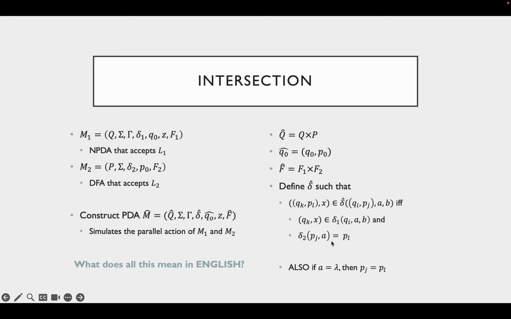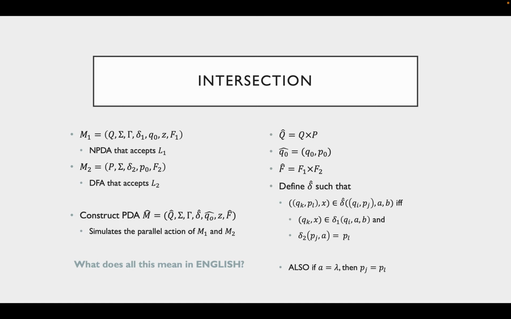It's just a combination of these two in one. And also we need to be able to handle the fact that the input might be nothing, which a DFA normally can't handle. And so what happens is we just have a self transition, if that's the case.